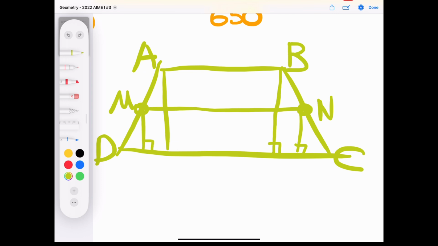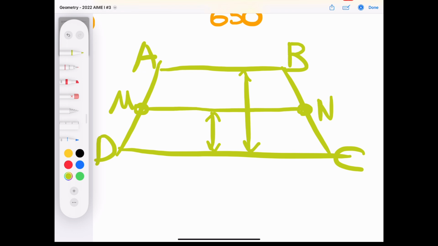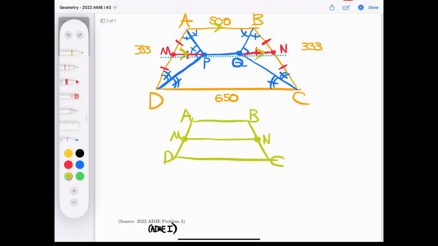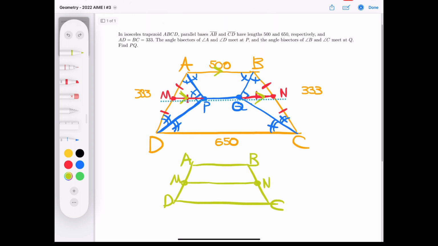And so you'll get that the heights from M and N to DC will be the same, which means MN will be parallel to DC, and the distance between MN and DC will be half of that between parallel lines AB and DC. So MN will be the midline of the trapezoid, a parallel line that is equidistant from both bases of the trapezoid.